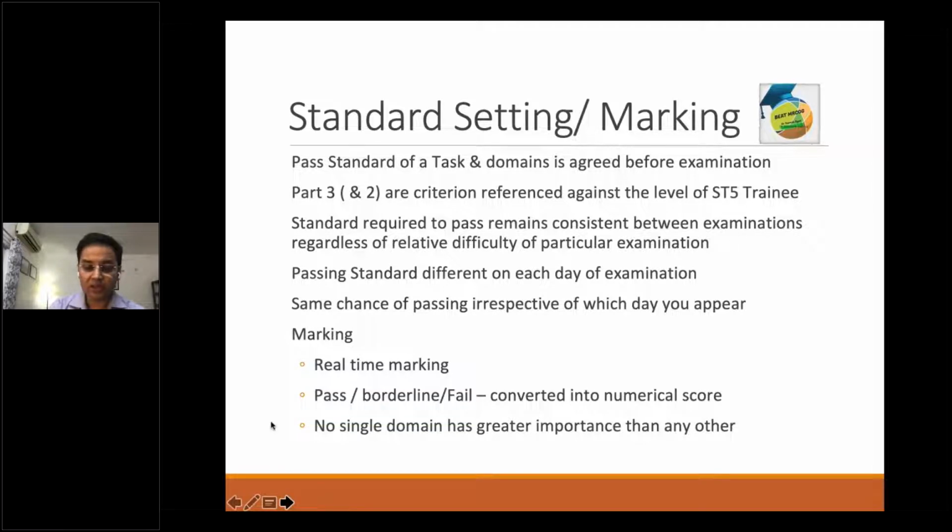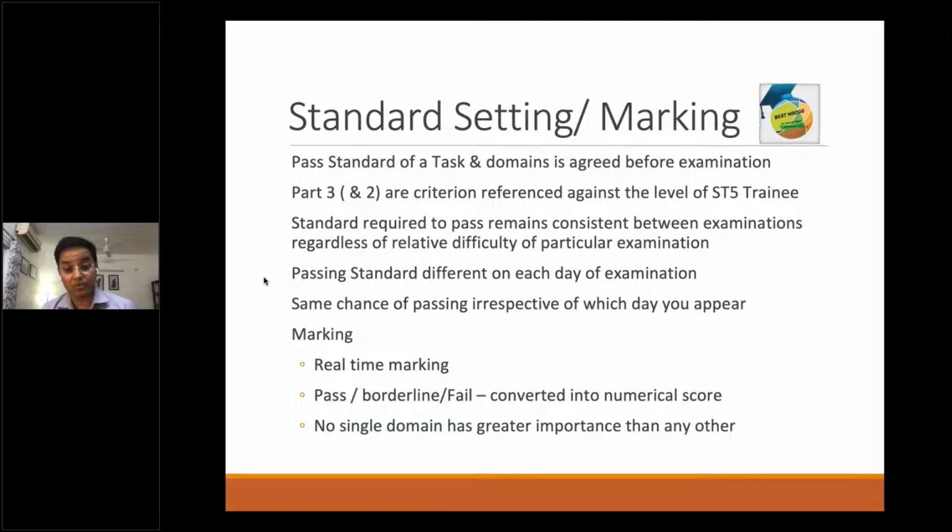Important here is to understand that a lot of candidates who appear in part 3, particularly overseas, are senior people who have their independent practice, or who are working at senior level in a government setup, doing a lot of complex tasks and managing cases. They're consultants, and when they appear in the exam, they forget that they have to come to the standard of an ST5.